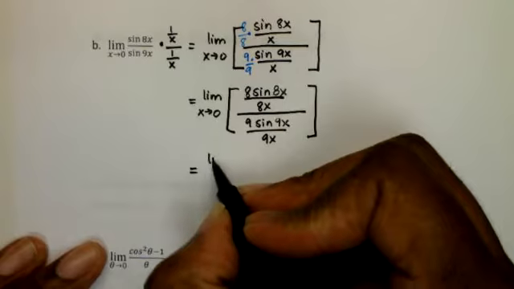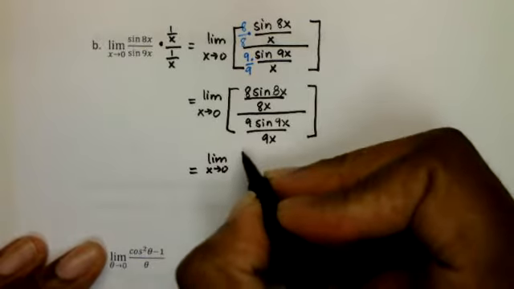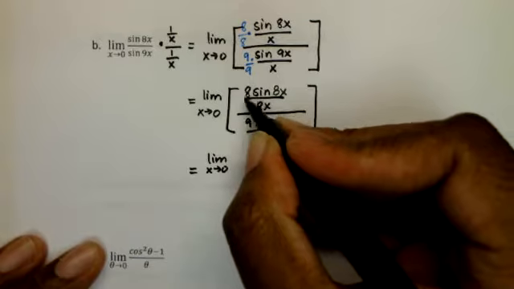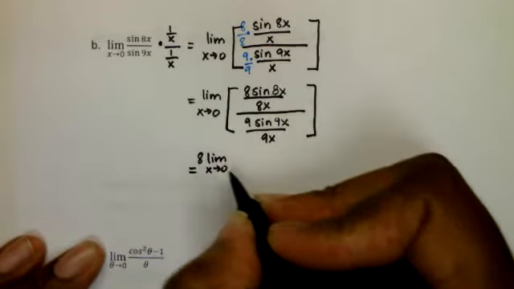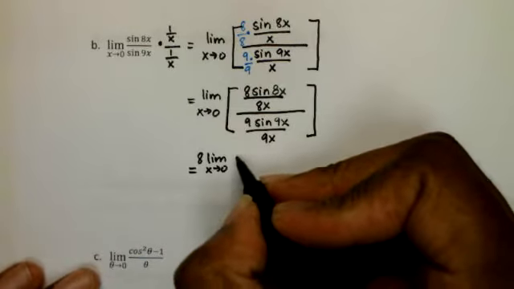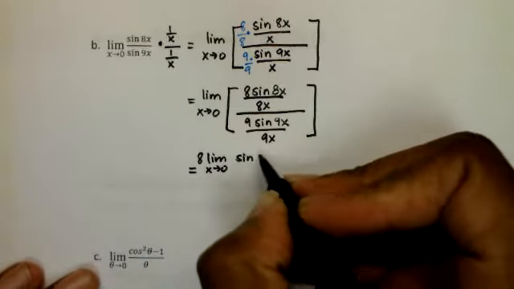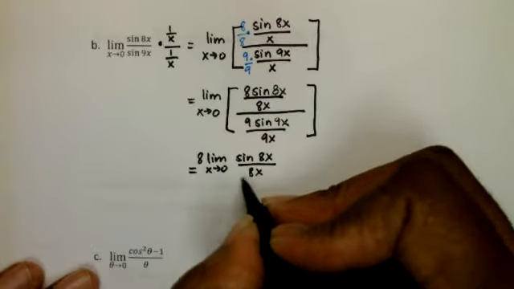So I can do the limit as x approaches 0 of, and by the way, this 8 is a constant right here. So that means I can pull the 8 out in front. So it'll be 8 times the limit as x approaches 0 of sine 8x over 8x.